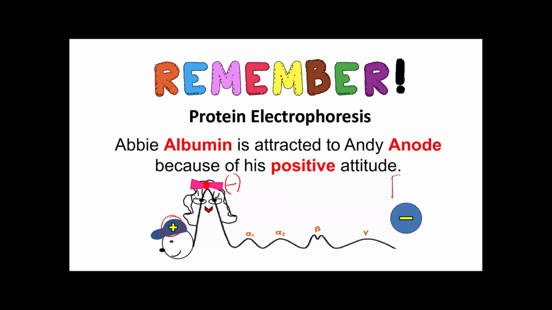For example, at pH 8.6, proteins are negatively charged. So they will start migrating at the negative pole, which is the cathode. So the direction of the migration is towards the positive pole, which is the anode.